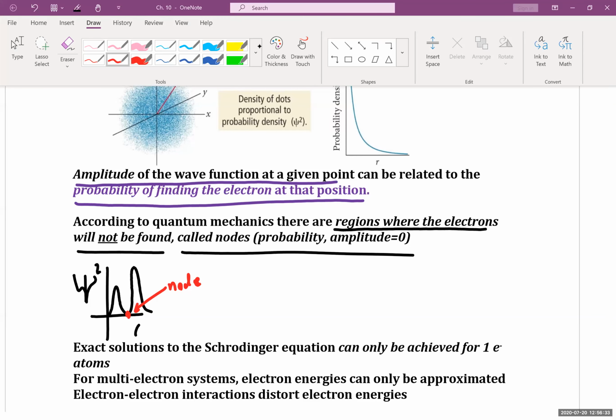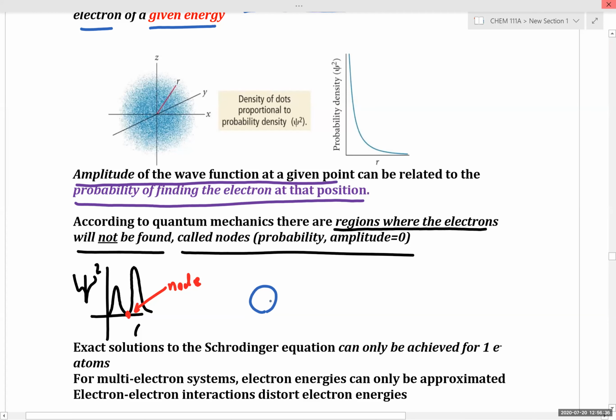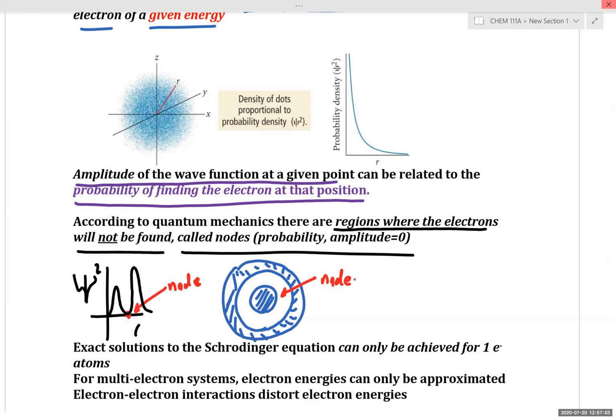What this means is that in our orbital depiction, there will be a region of space where there is zero probability of finding an electron. So this region of zero probability is called a node.